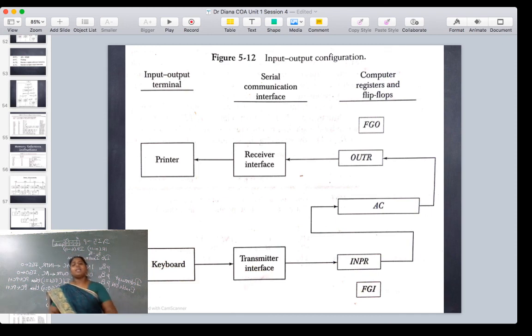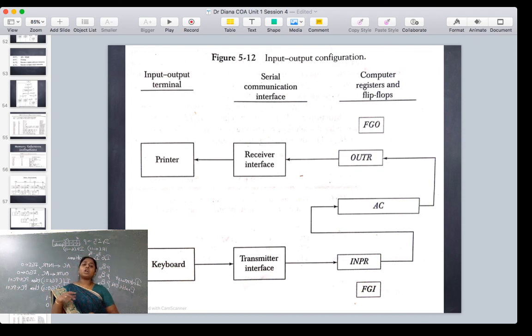Then instead of the CPU looking at the FGI flag, when the FGI flag becomes 1, the interface sends a control signal to the CPU. That control signal is called an interrupt. When that interrupt is raised, the accumulator then looks into the FGI flag, understands that some input is ready, and receives that input.